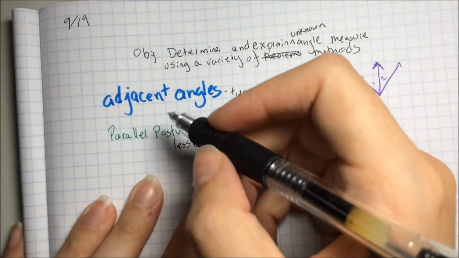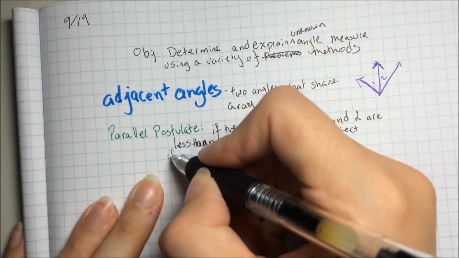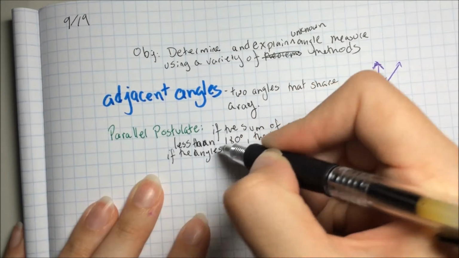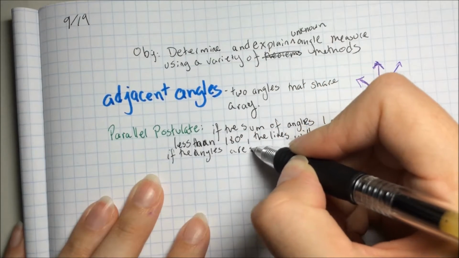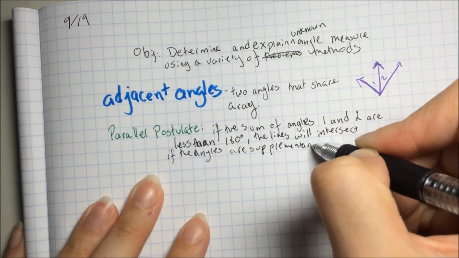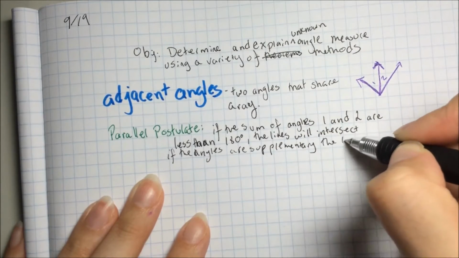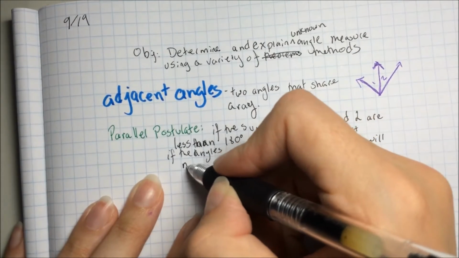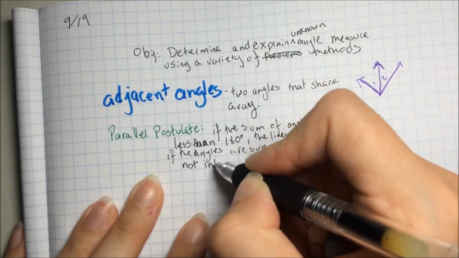Okay, and what that means is pretty much if the angles are supplementary, if they equal 180, the lines will not intersect.